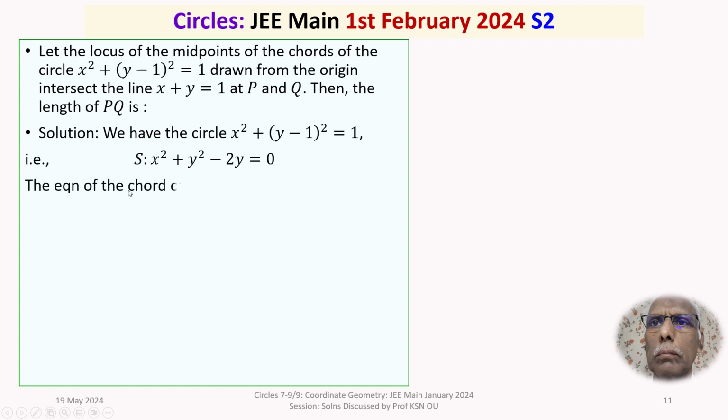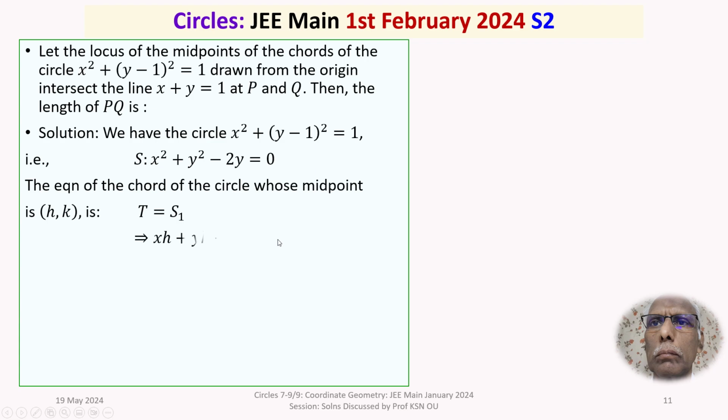Now the equation of the chord of the circle whose midpoint is (h, k) is given by T = S1. What is T? The tangent equation, that is xx1 + yy1 − 2 in brackets (y + y1), and x1, y1 is (h, k). S1 is x1² + y1² − 2y1. (h, k) is to be substituted for (x1, y1).